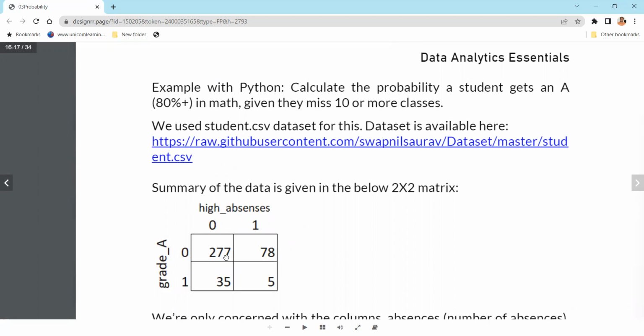So how many students are there in the class? 277 plus 78, that is 355, plus 40, 395. Correct? If you add all these four, you get 395.